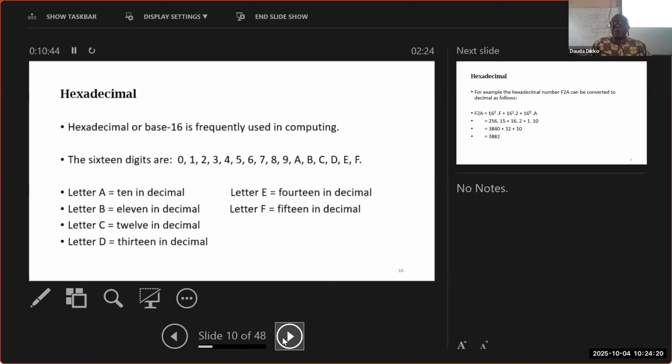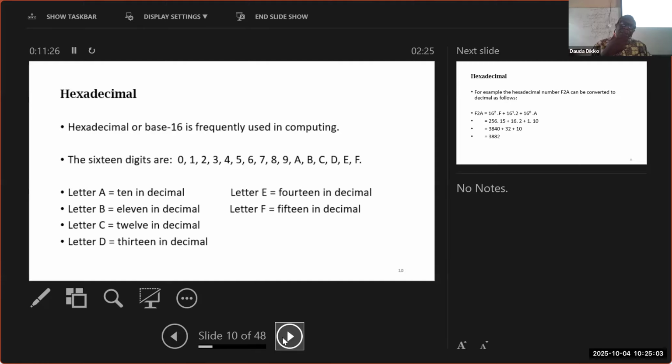Just like the binary number has just 0 and 1, the 16 digits of the hexadecimal base range from 0 to F. So we have 0 to 9, then A to F. The 10th number, A, represents 10. B represents 11, C represents 12, D represents 13, E represents 14, and lastly, F represents 15.